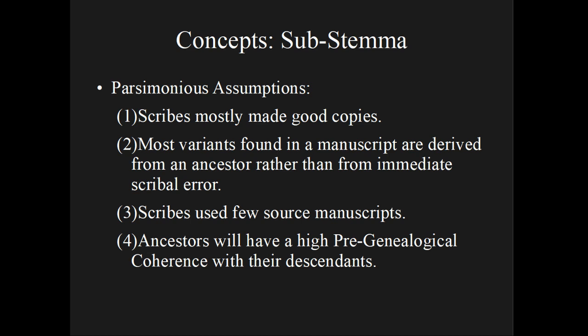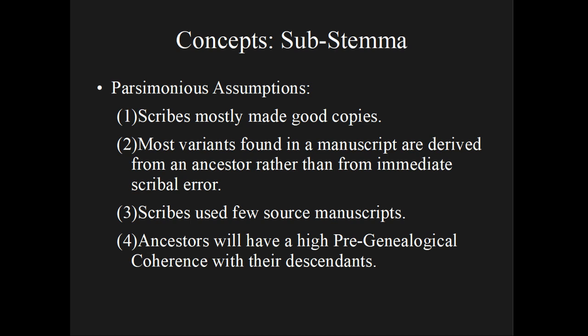But these assumptions about the history of the text, number 1, we see that scribes mostly made good copies. That's an assumption. Number 2, most variants found in a manuscript are derived from an ancestor rather than from immediate scribal error. Number 3, scribes used fewer source manuscripts.